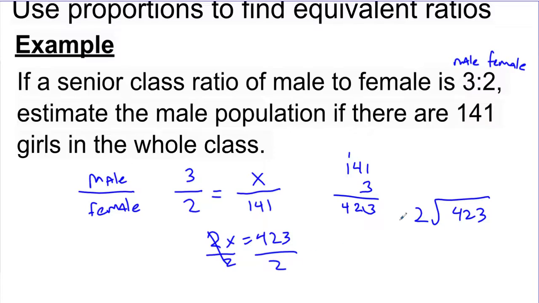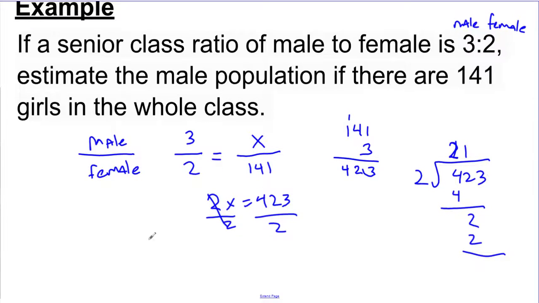It goes in twice. Then I'm going to bring this down and say 0. 2 goes into 2 once. And again, this is a 0. I'm going to bring down the 3. 2 goes into 3 once, with 1 left over.